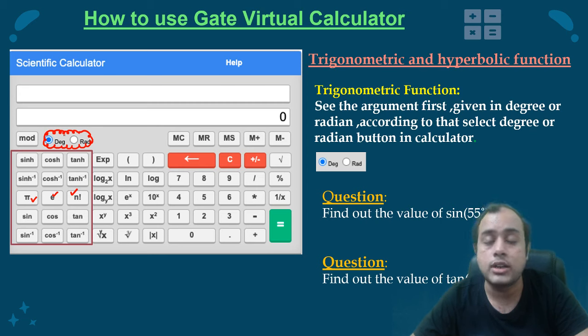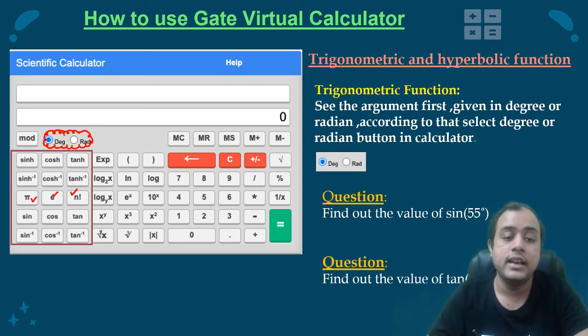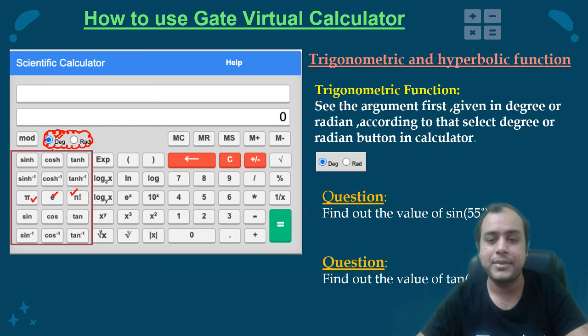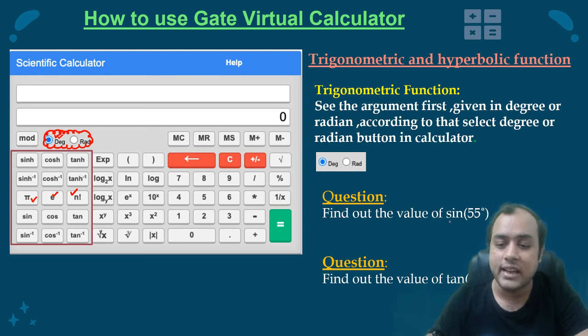Suppose I want to calculate sine of 30 degrees, then the calculator must be set in degree rather than radian. If I want to calculate sine of pi by 6, then my calculator should be set in radian instead of degrees. This is a small mistake that you can make. You must be very sure about it so that you don't end up committing the mistake that most students commit.